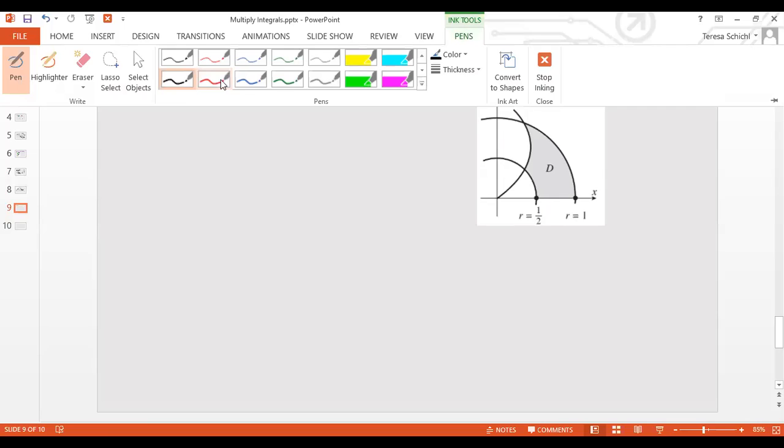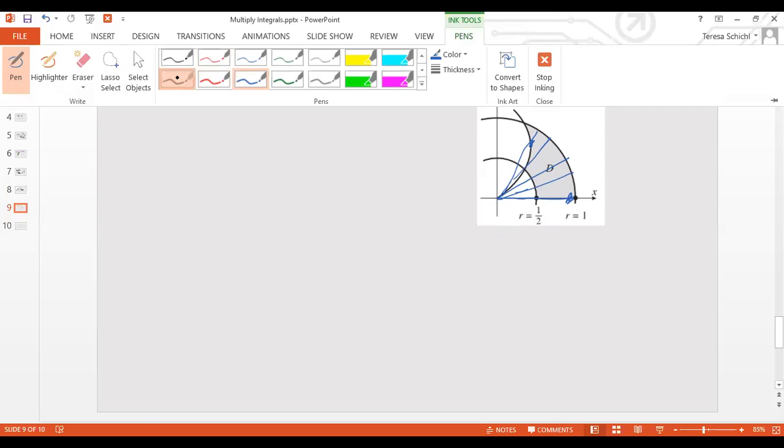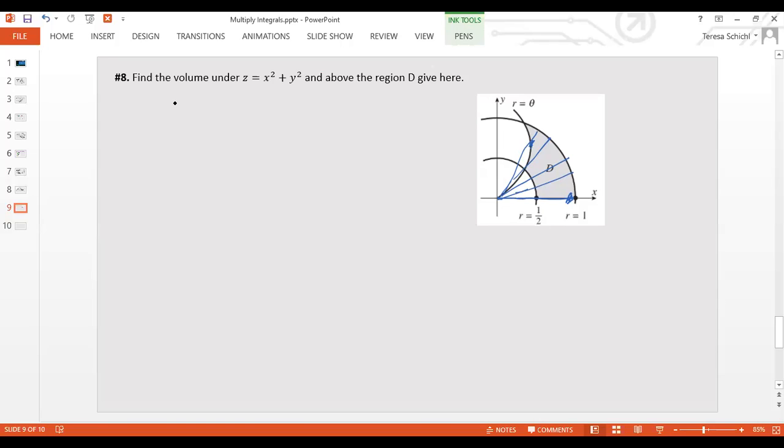So if this is my polar axis, when I sweep here, which one is fixed?